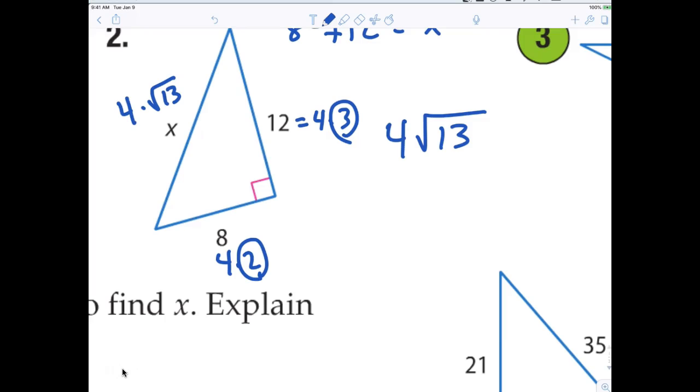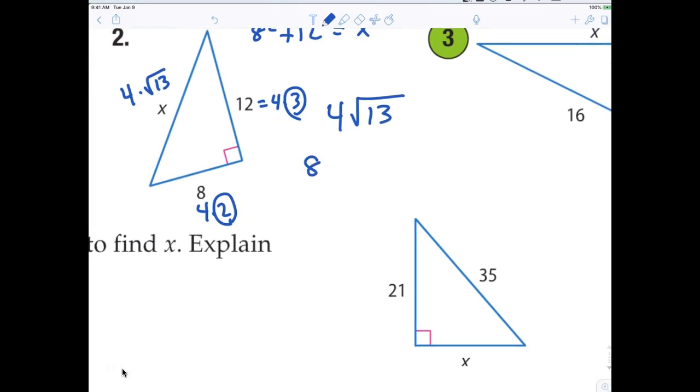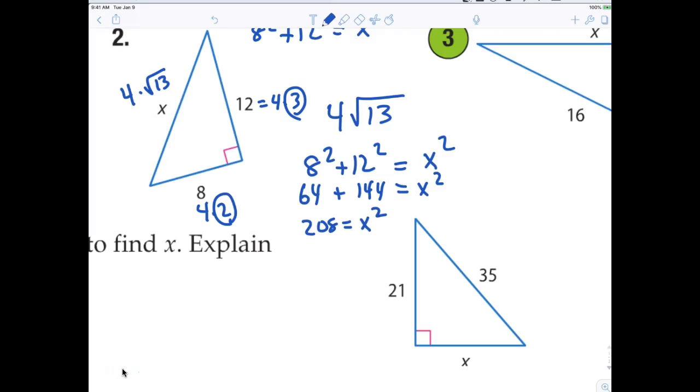Now, because I don't think that made too much sense, I'm going to show it to you in slow motion. All right, so please look up. In slow motion, this would be 8 squared plus 12 squared equals x squared. 64 plus 144 equals x squared. So 144 plus 64 is 208, equal to x squared.